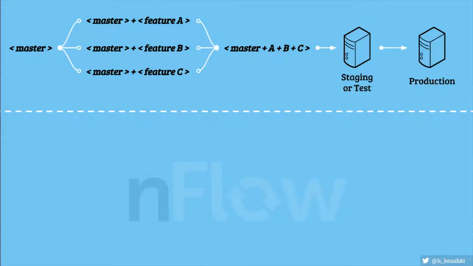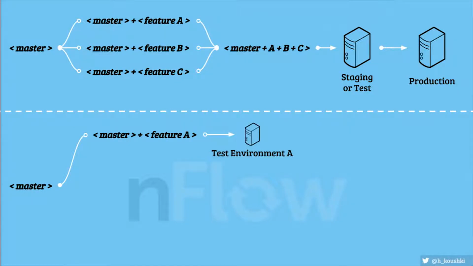This release could be with, I don't know, 20 features or 10 features or something like that. But what nFlow provides for us is a little bit different. Again, imagine we want to work on feature A. As soon as the developer starts working on feature A, nFlow will create a branch, for example feature A, and then nFlow will create a new test environment, a very isolated environment just for this branch, just for this feature.